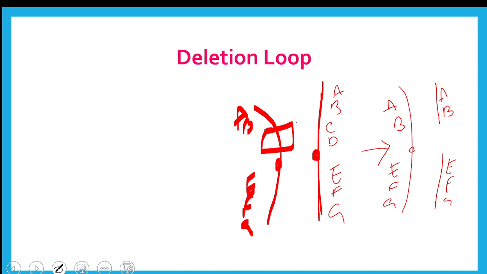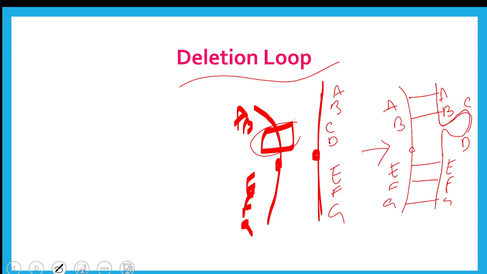In order to compensate for the loss of CD and to match during pairing, it undergoes looping so that pairing between these regions can easily take place, and this we call a deletion loop. So when you observe deletion loops during zygotene of meiosis, you can say that some structural change might have happened. Okay.